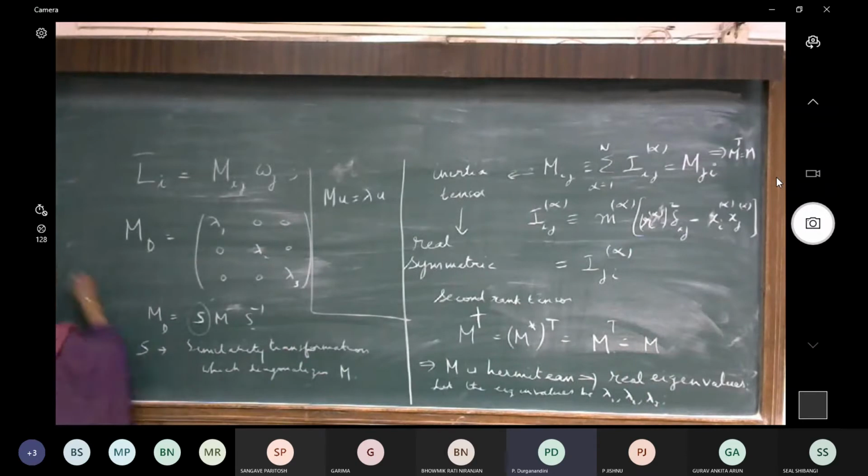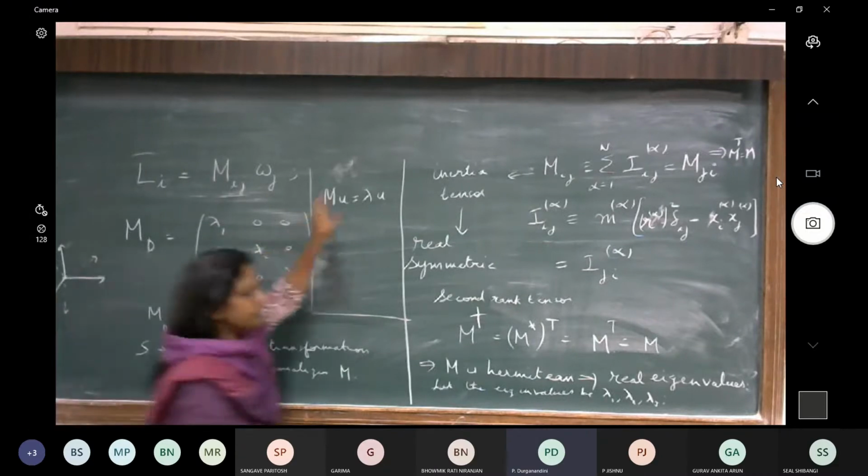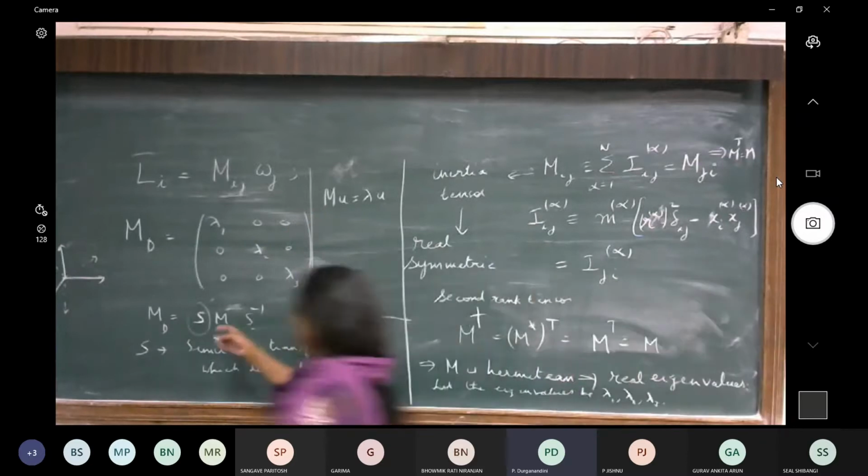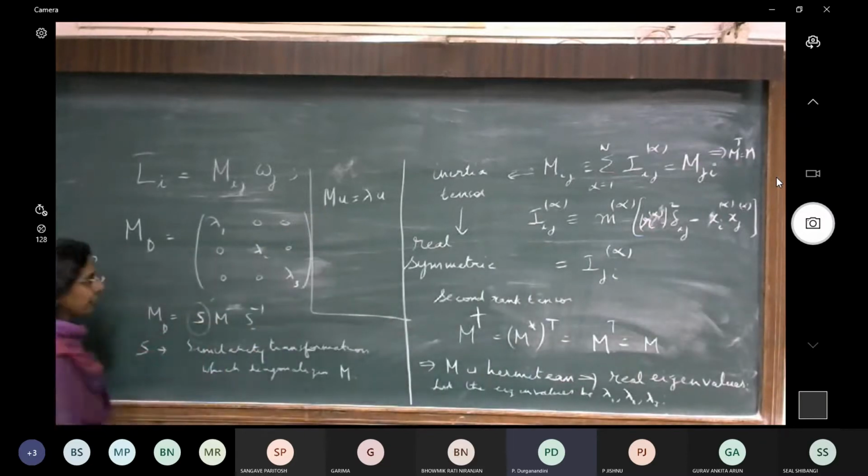In other words, I'm taking a particular choice of coordinate system and going to this new system of axes, where the unit vectors are the normalized eigenvectors of this matrix. You can go from this to this by a rotation transformation. So this S will turn out to be nothing but an orthogonal matrix.